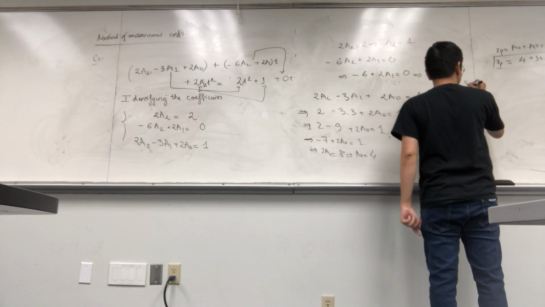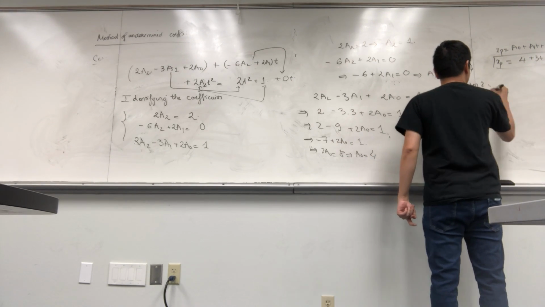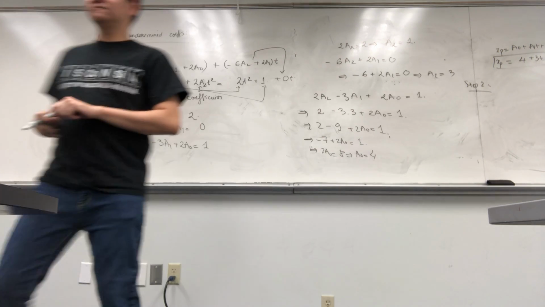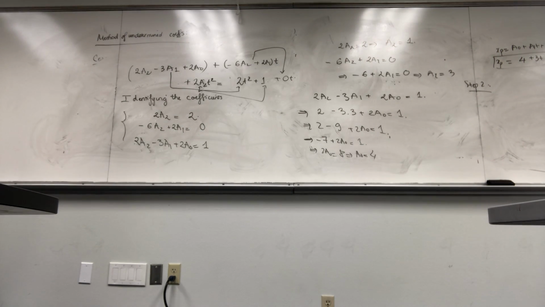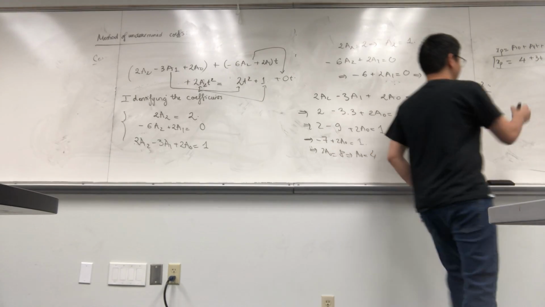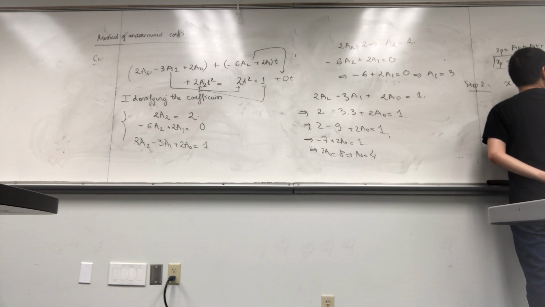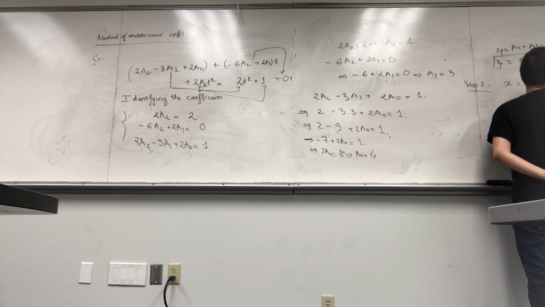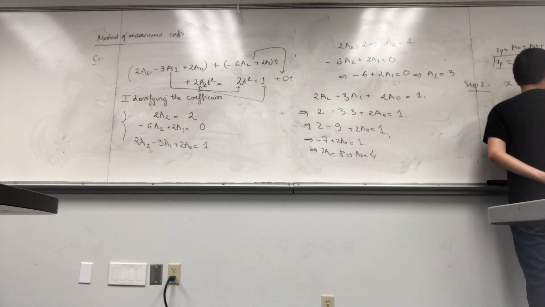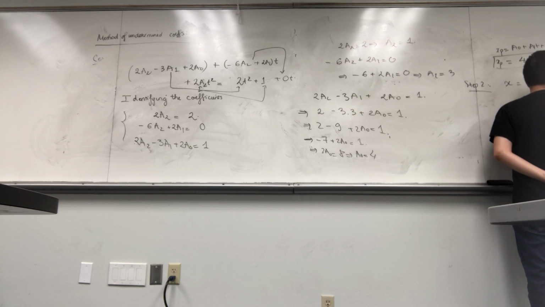So step number 2. What is step number 2? It is when you start to solve for the homogeneous equation by subtracting xp from the original equation. So x will be xp plus y, where y is the solution of the homogeneous equation.